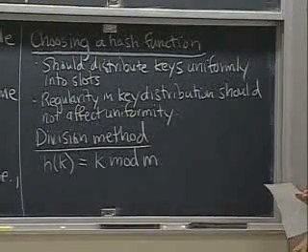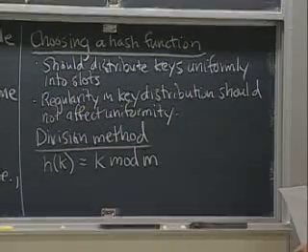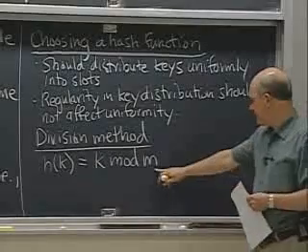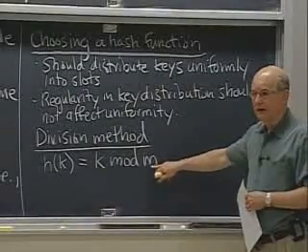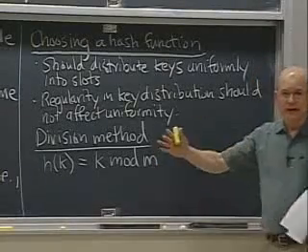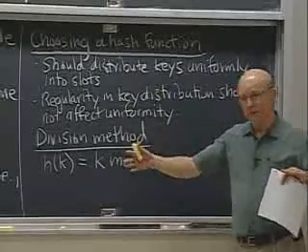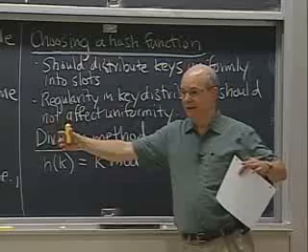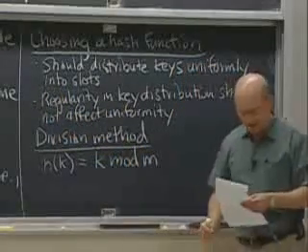This works reasonably well in practice, but you want to be careful about your choice of modulus. It doesn't work well for every possible size of table you might want to pick. Fortunately, when you're building hash tables, you don't usually care about the specific size of the table. If you pick around some size, that's probably fine, because it's not going to affect the performance. So there's no need to pick a specific value.